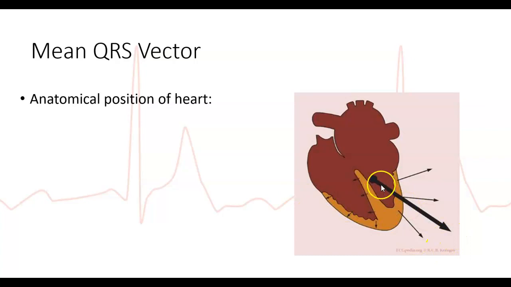That's why it's going down and to the left, inferiorly and anteriorly. If anything were to cause the myocardium to be displaced and change its anatomical position, the direction of that mean vector would also be altered. So being able to analyze the direction of that vector is why we designate this circle.